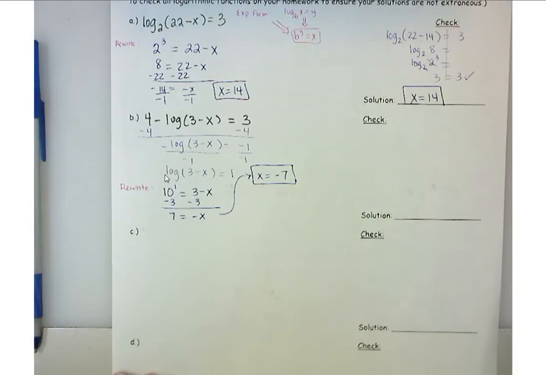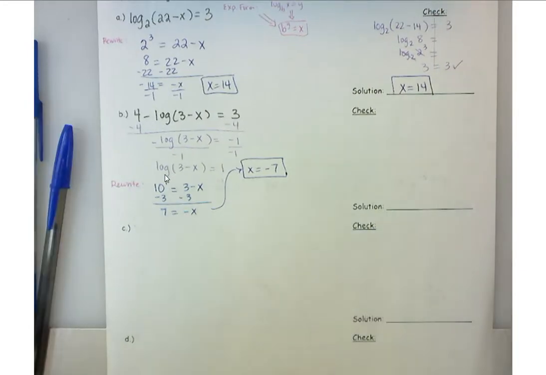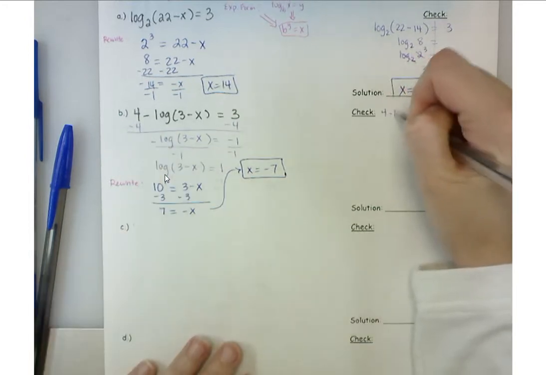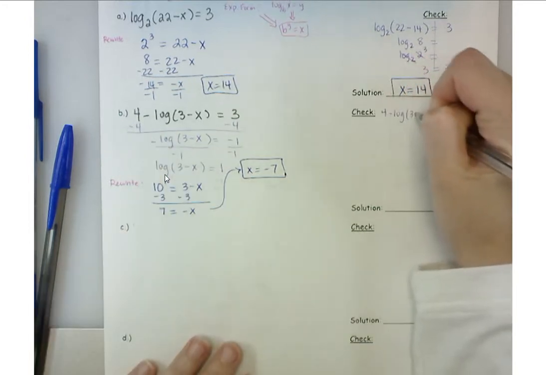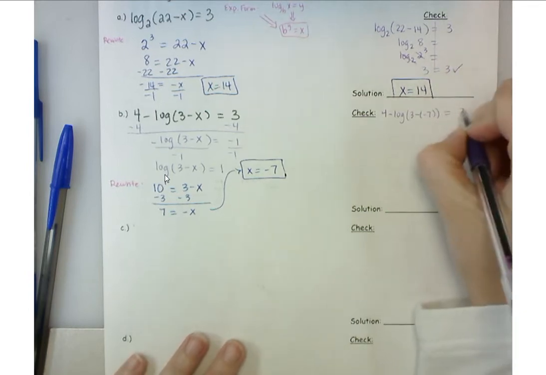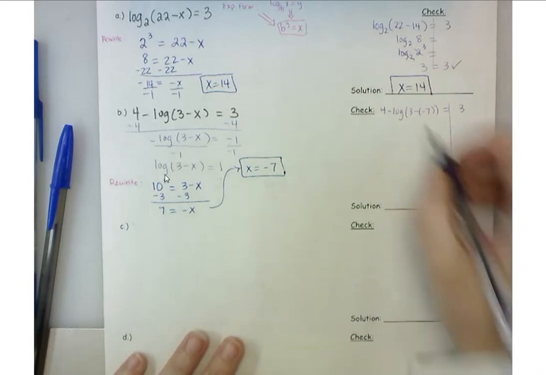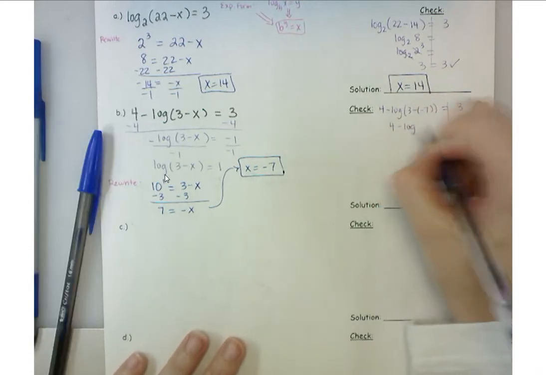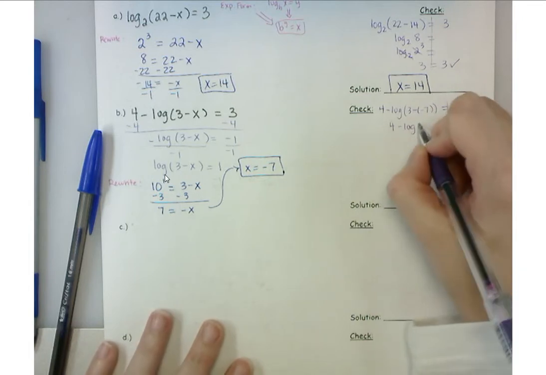All right, now let's check that. So I'm going to plug this back in to my original equation. 4 minus log of 3 minus -7 equals 3. Okay, so 3 minus -7 is what? 10, right? Because it's really 3 plus 7.